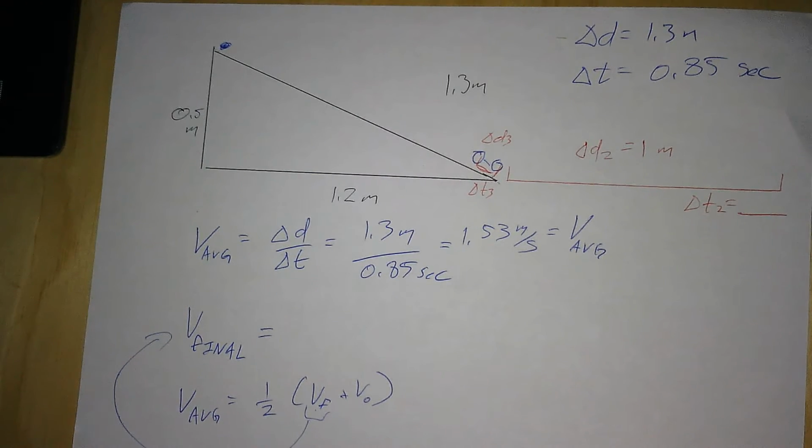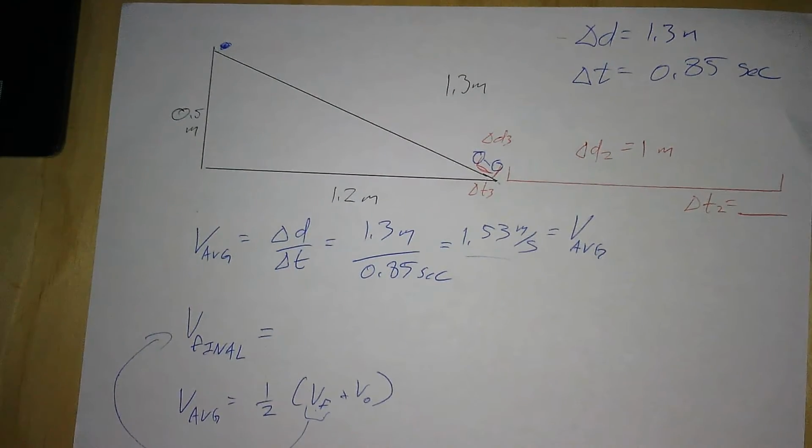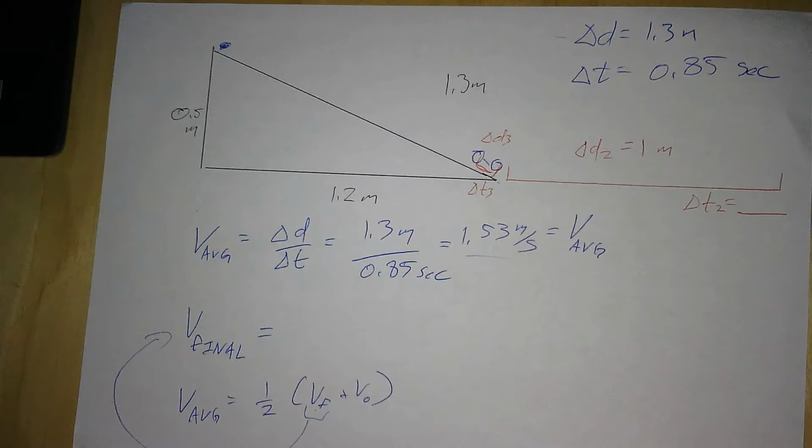Okay, so we can do that either straight away. We can say, oh, this was my average. Okay, so 1.53 meters per second equals 1/2 V final plus 0 meters per second.